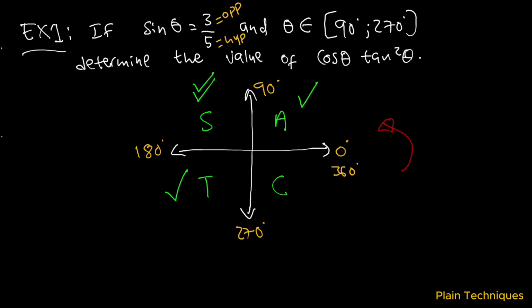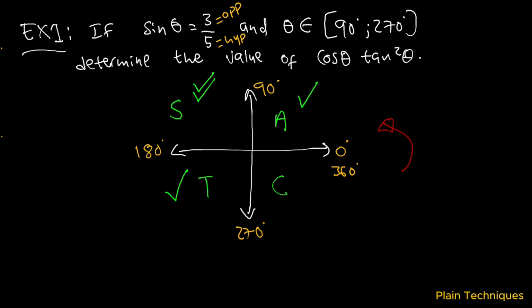Now you go back to your Cartesian plane. Now that you have represented these two conditions, you look at where you have two ticks. On the second quadrant, that is where you have two ticks. That means that is where your triangle will be. I'm going to remove that S there so that I can draw my triangle.